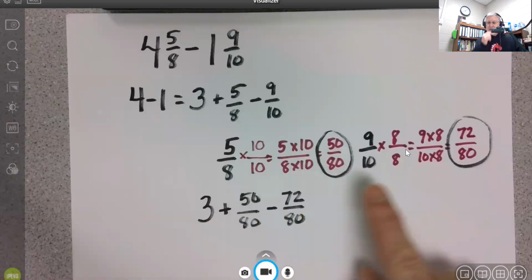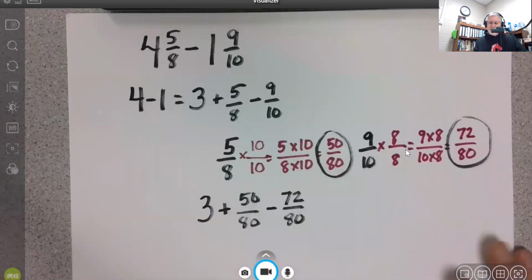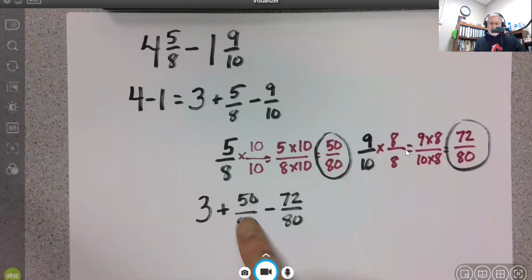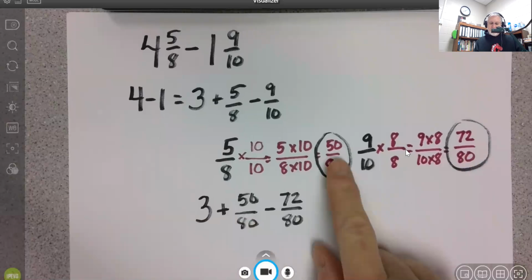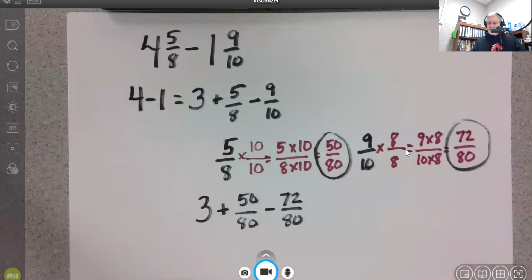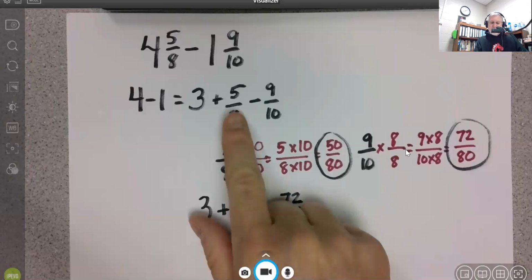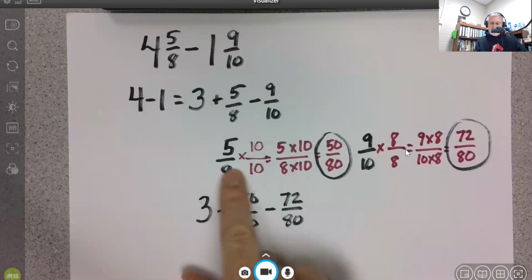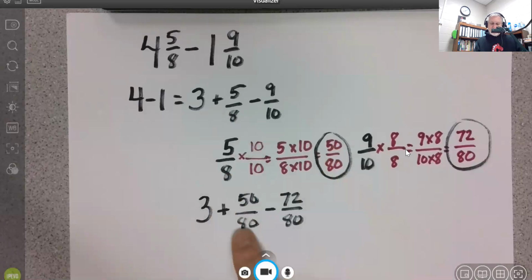Now this can be a common misconception for fifth graders, is to put the 72 over 80 first and then subtract the 50 over 80. But that's not what it says in our original problem. In our original problem, we have 5/8, and the equivalent fraction for 5/8 is 50 over 80.